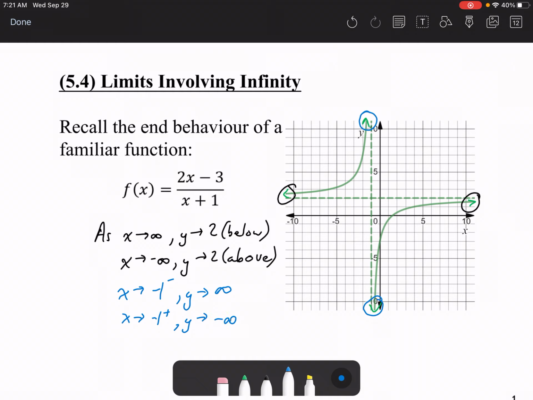Well, as you'll notice, in all these instances we have limits, because you're getting closer and closer to values that actually involve infinity. Limits that involve infinity can only approach from one side and cannot approach from both sides.